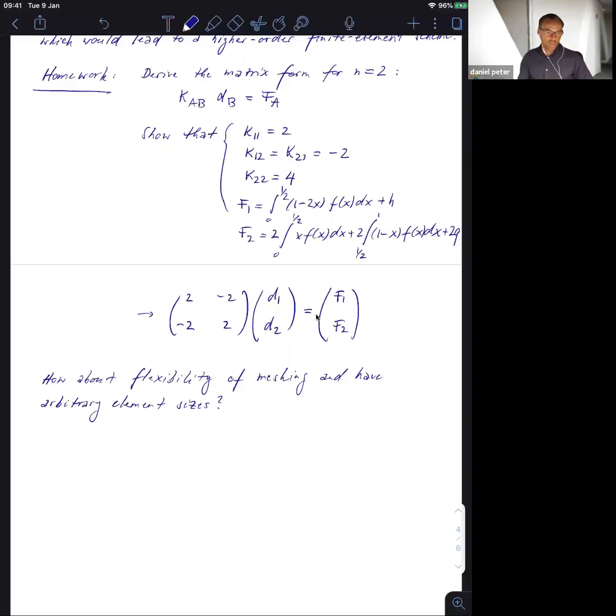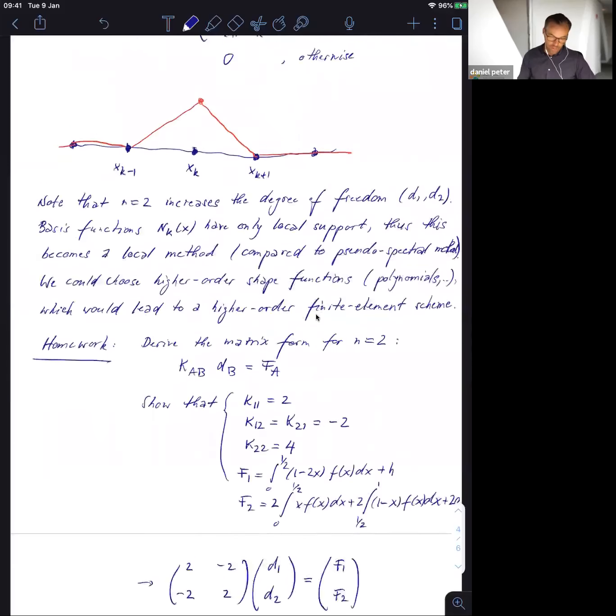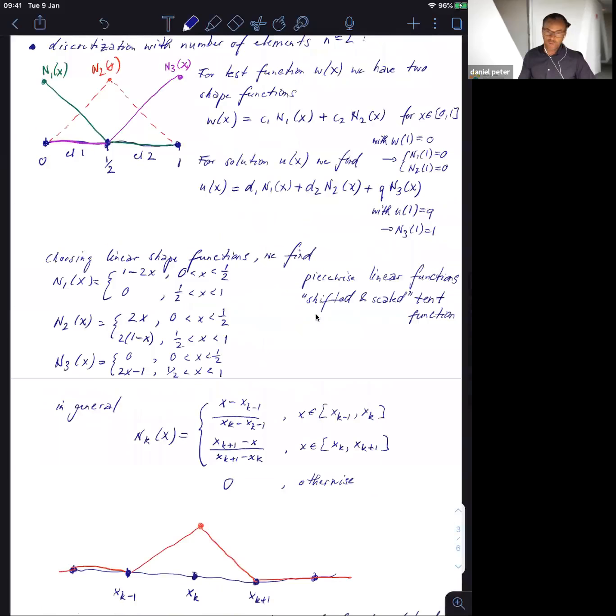And this basically leads to the idea of a reference element to map the shape of each element to a reference element, where the reference element is always defined, say, between -1 and 1, where we have always the same shape function for that reference element.